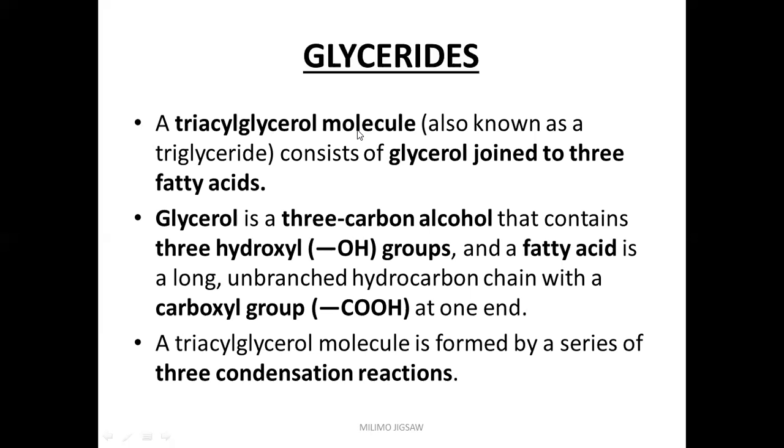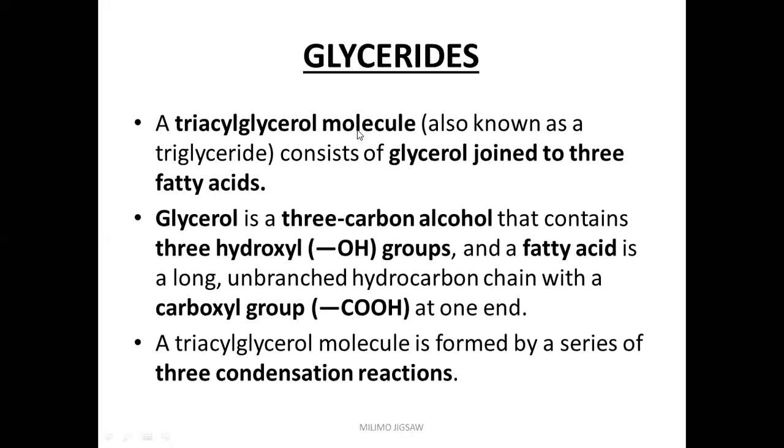So now, since we say that 3 reactions need to take place, that first reaction is going to give us a molecule which is a monoacylglycerol or monoglyceride. During the second reaction, what will be produced is a diacylglycerol molecule.